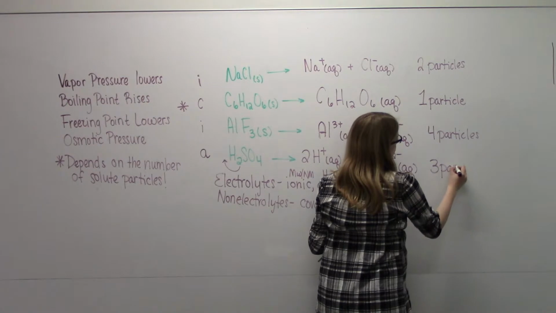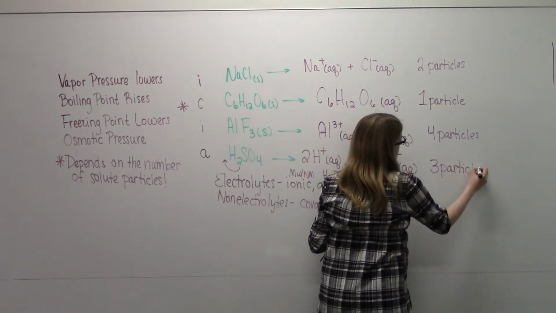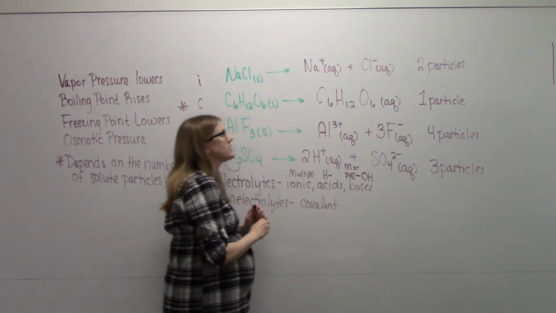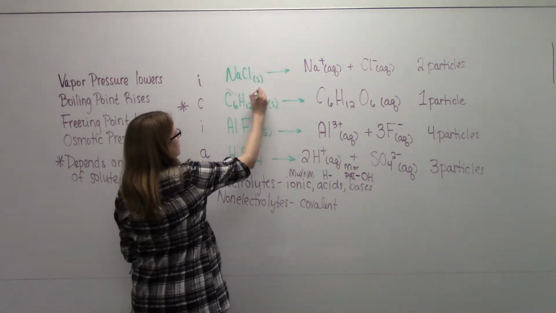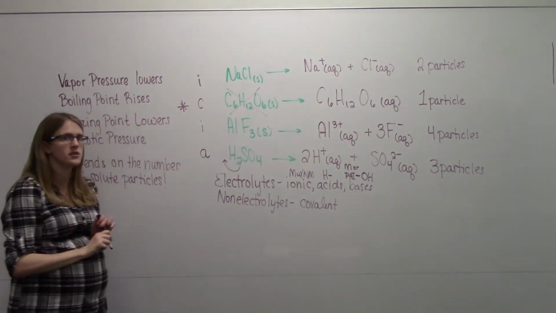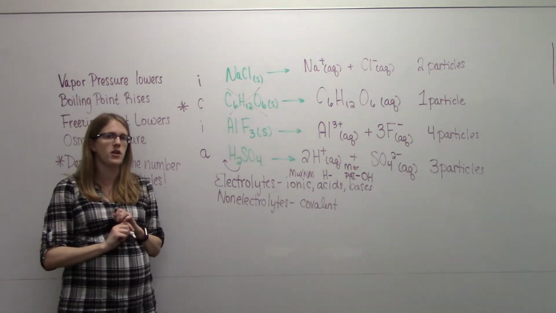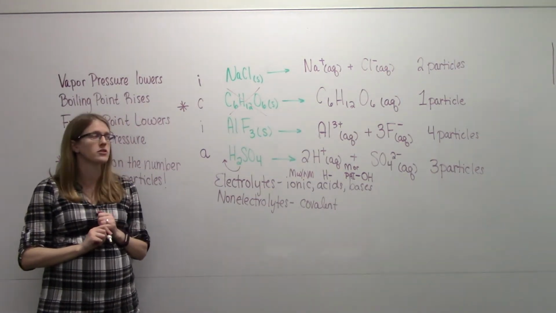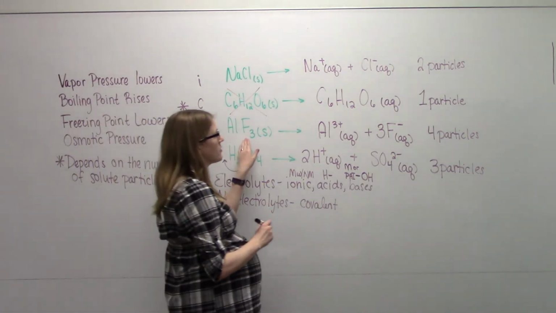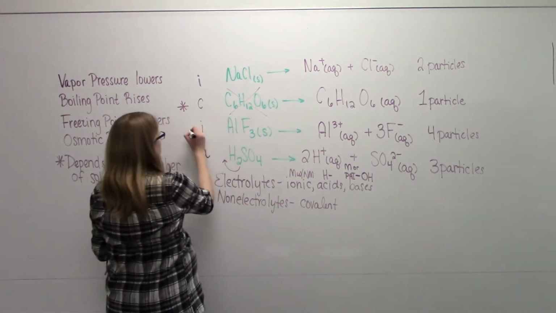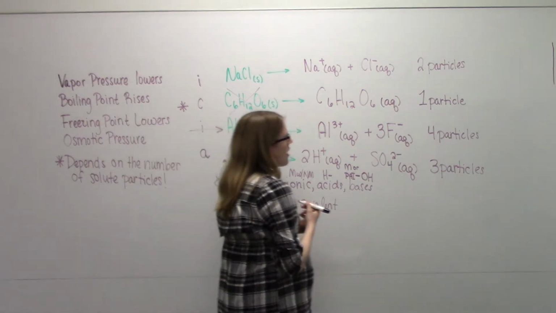So the question would be, which one has the largest effect? What you need to do is cross off your non-electrolytes first. So cross those off, because those will not be your answers. And then of all the ionic ones, of all the acids left, of all the electrolytes, you need to figure out which one would have the most particles, and in this case, it would be AlF3. So here would be our answer.